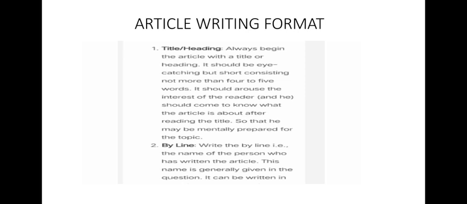It should be eye-catching but short, consisting of not more than 4 to 5 words. In short, it should arouse the interest of the reader, and he or she should come to know what the article is about after reading the title, so that he may be mentally prepared for the topic.